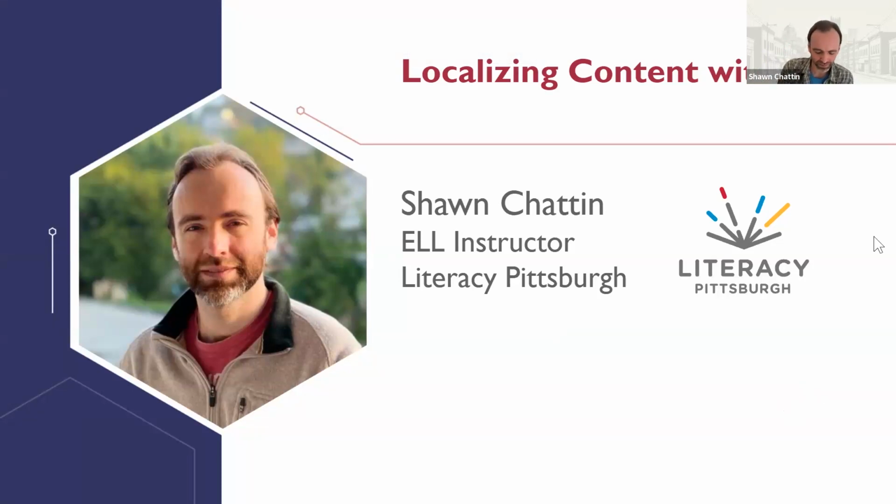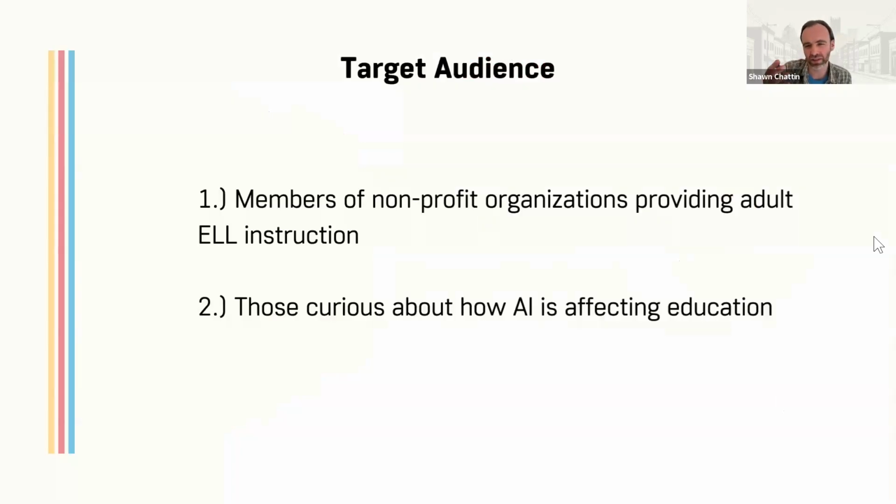So just to start, the audience I'm looking for, who I think might be really interested in what I have to share, are members of nonprofit organizations providing ELL instruction, and outside of that, people who are curious about how AI might be affecting education.